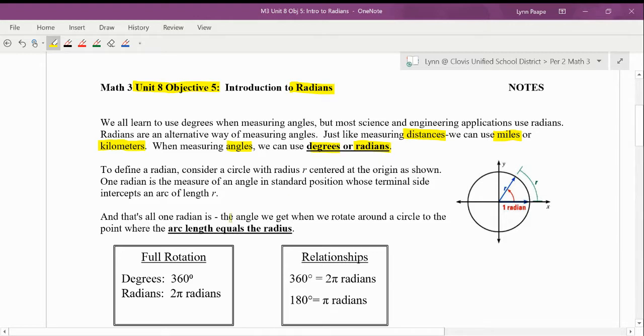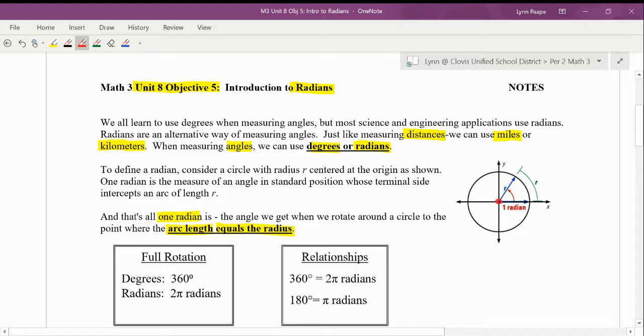So how do we define a radian? 1 radian is when the length of an arc is equal to the radius of the circle. When I look at this circle, for example, the radius is from the center of the circle to the edge of the circle, right?